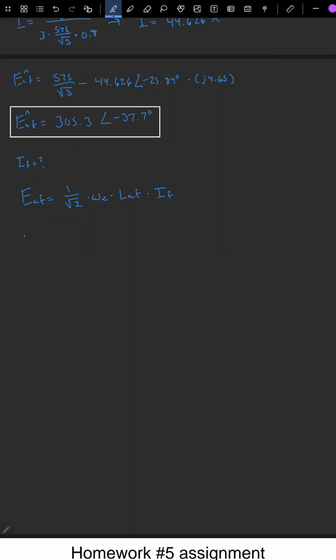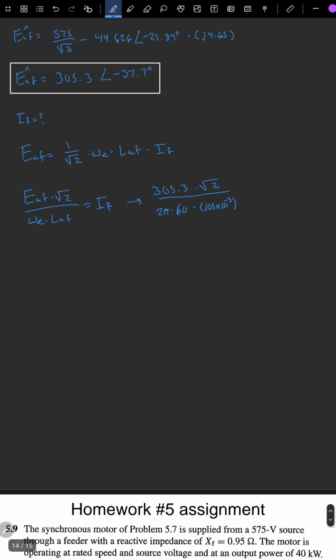Rearranging again, that's basically just going to be the magnitude, and then LAF equals 105 millihenries, but we want to convert that to henries within our equation so we could get a nice clean amps.